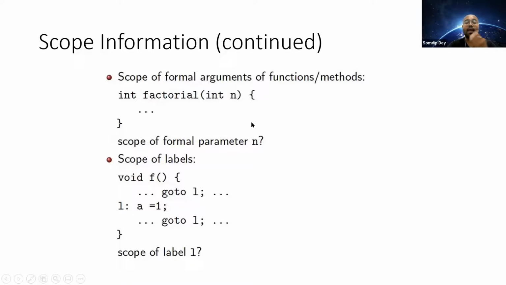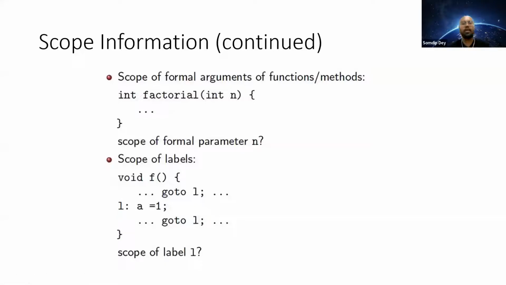Given this example of the factorial function, the scope of n is within this function only and not outside this function, because n is only declared and used within the function. So that's the scope of n. Even if it's part of a larger program, the scope of n will still be limited to this function.